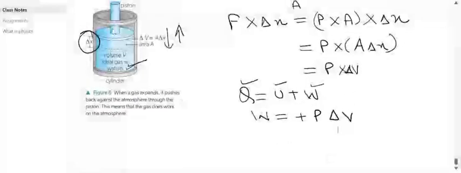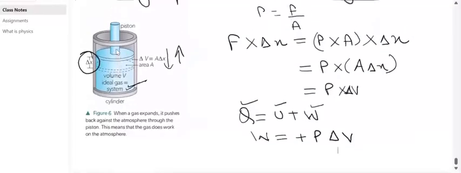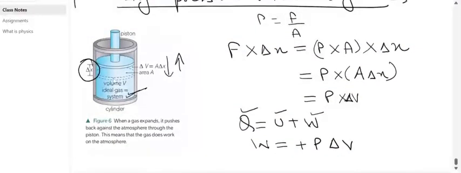When we push the piston down, the gas is doing work on the surrounding, since when it is expanding it is making a force on the piston.